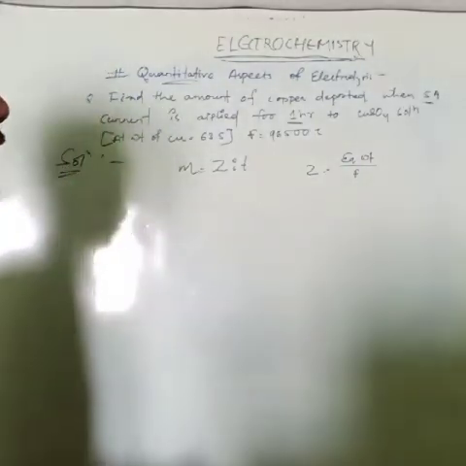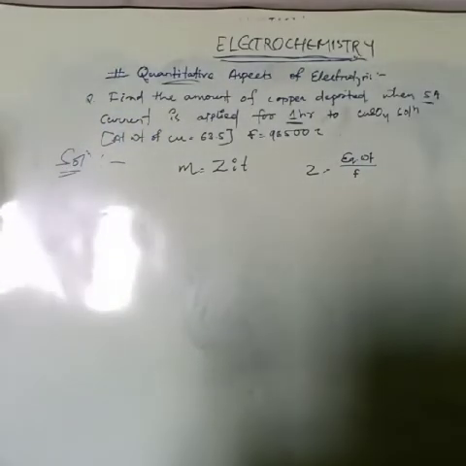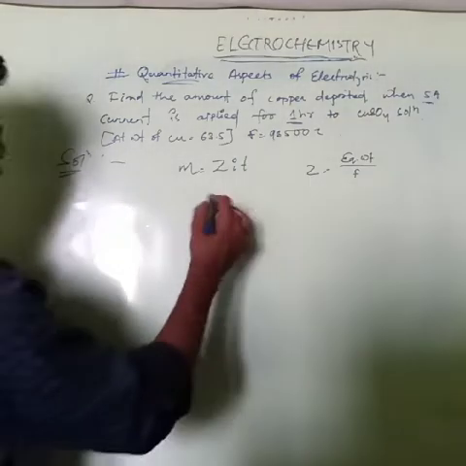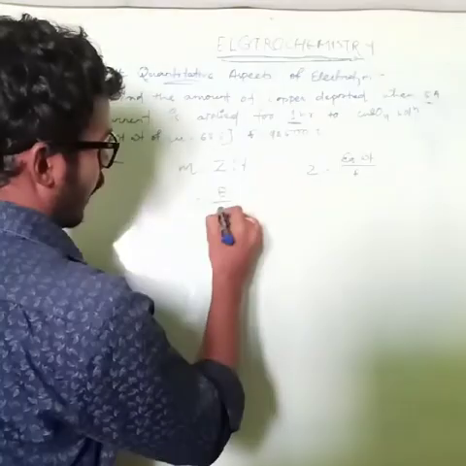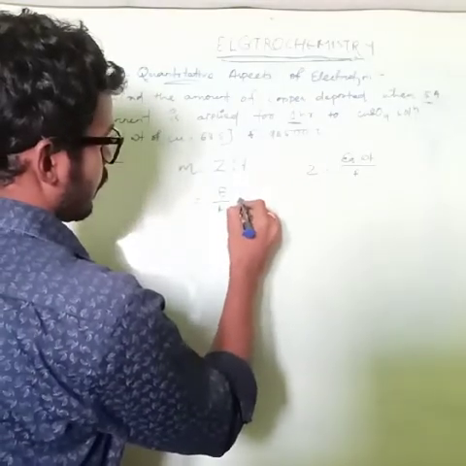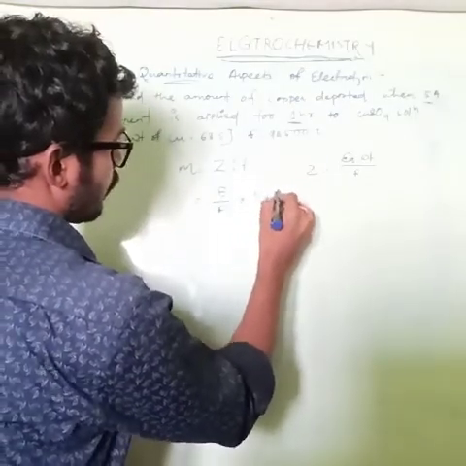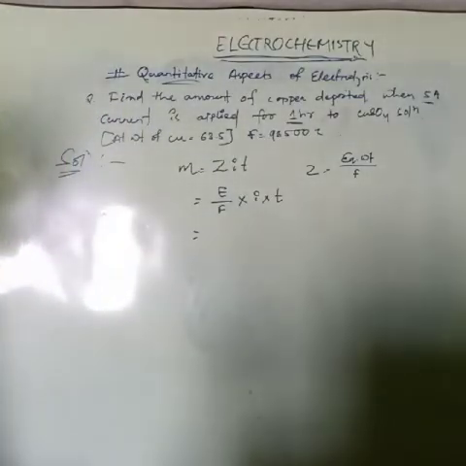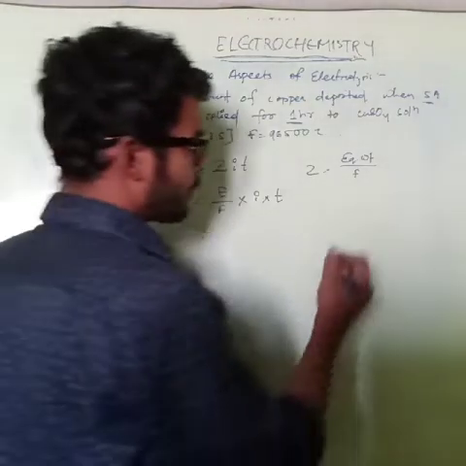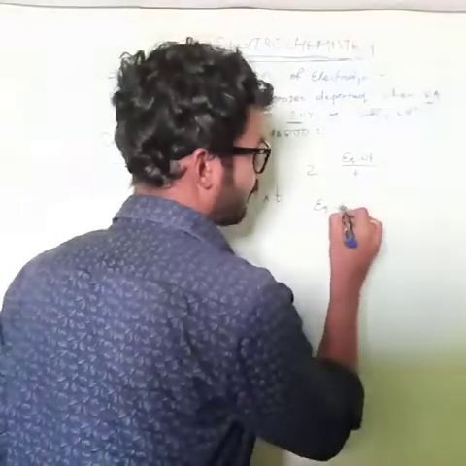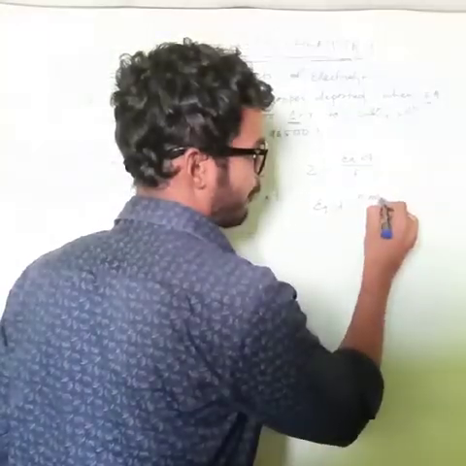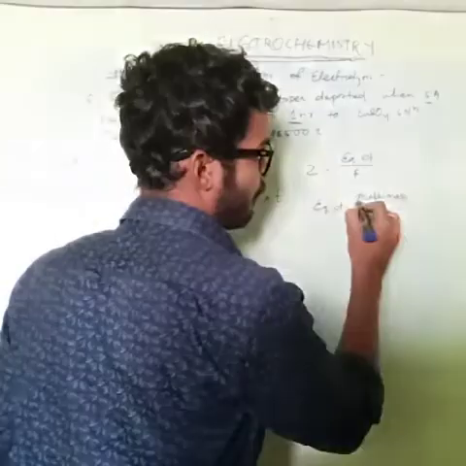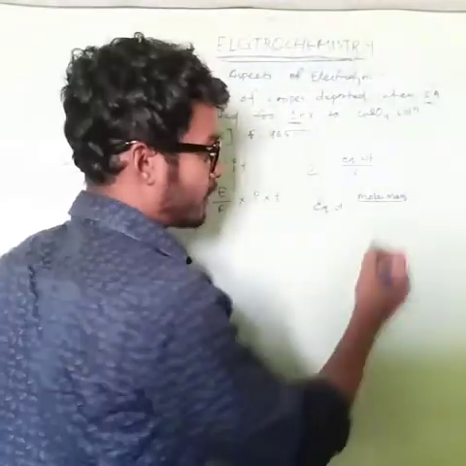So Z is equivalent weight by Faraday, so M equals E by F into I into T. How will you calculate equivalent weight? Equivalent weight equals molar mass by X.